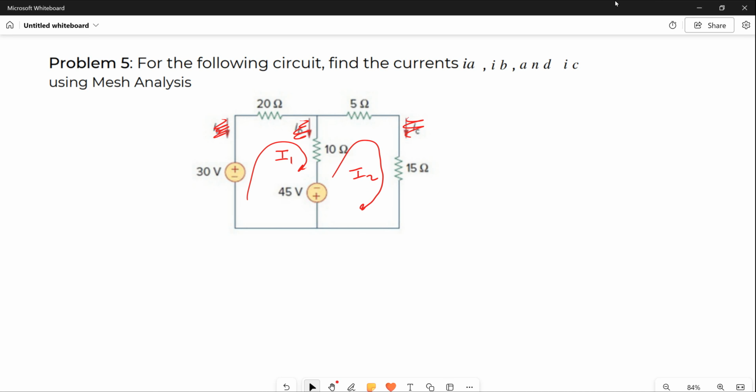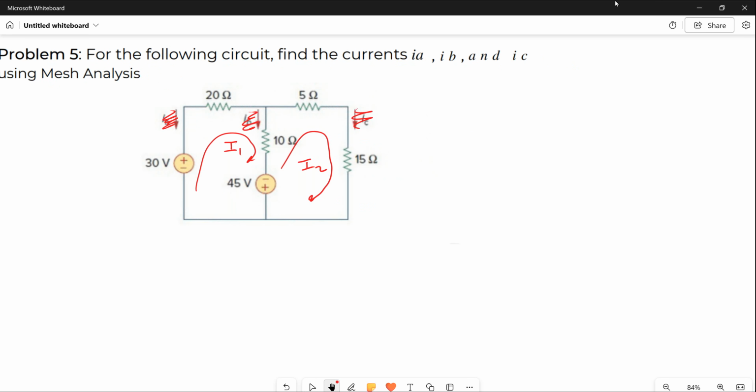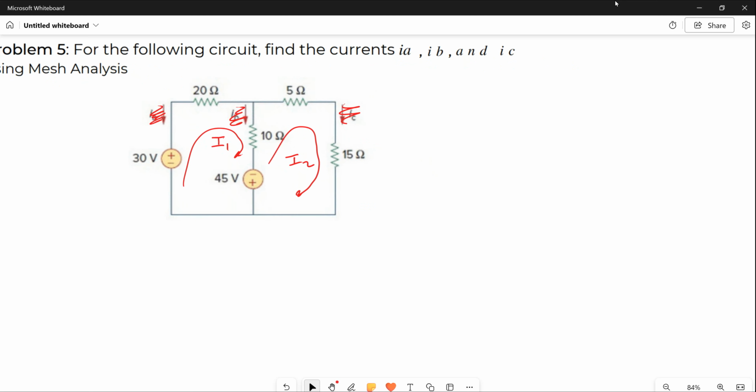Okay. And I'm just going to do my mesh analysis here. I'm going to say around loop 1 by Kirchhoff's voltage law, start at the bottom left corner and go around that left window.